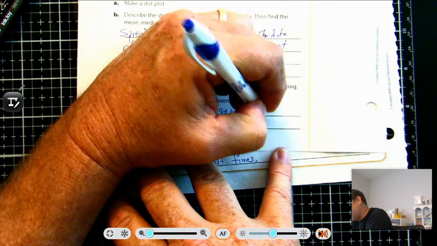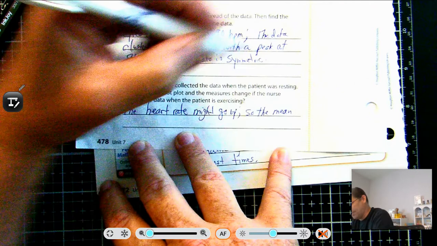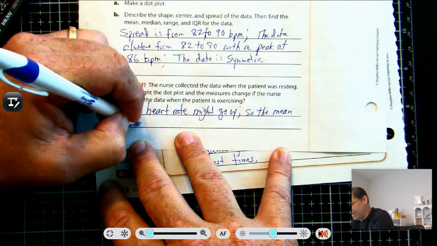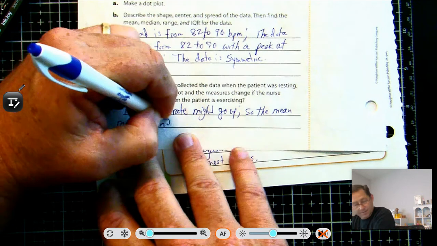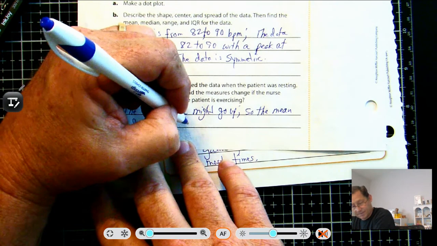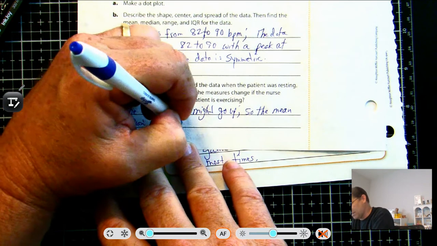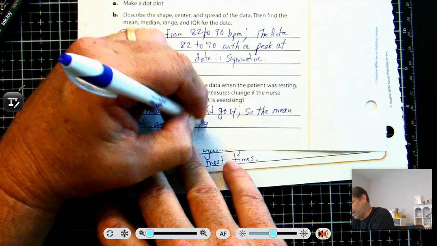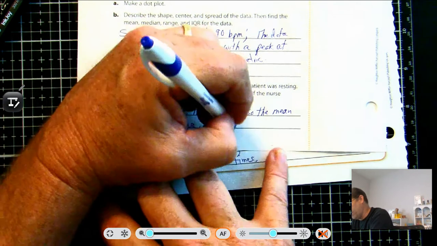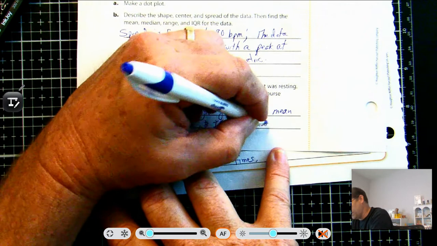So the mean, median, range, and IQR may also increase.